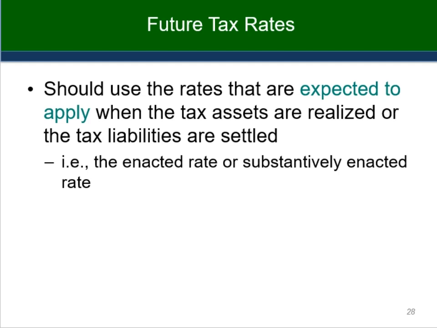So if they're already promised in the budget, so in February or whenever the budget is announced, they promised to change the tax rates for certain kinds of business, and we know that, then the future tax rate should be used to account for the fact that we know that when we actually make the deduction or have to pay tax on the additional revenue, that's the rate that will be in place.